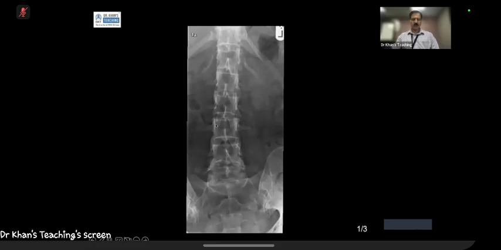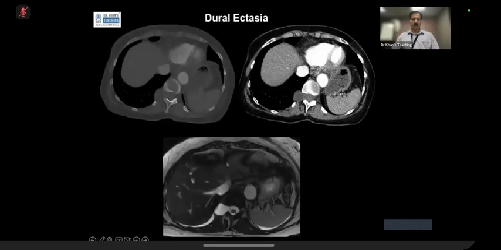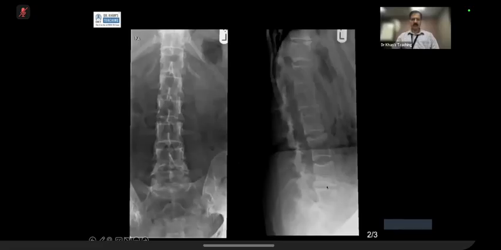This is flattened, this is flattened. So there is a differential diagnosis in Chapman, widened interpedicular distance. From here to here, this is increased, and here it becomes better. Here it becomes absolutely normal. So there is a long segment tumor sitting there. And on the lateral of this, you can again see posterior scalloping.